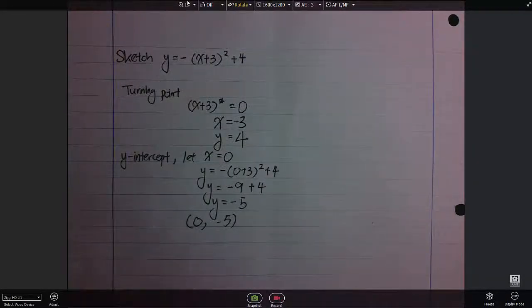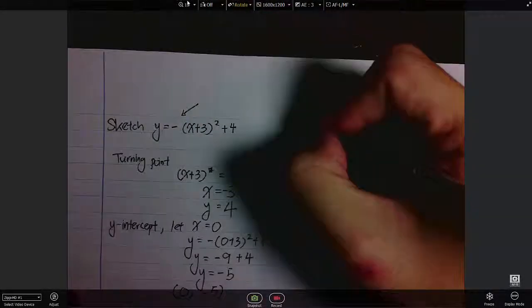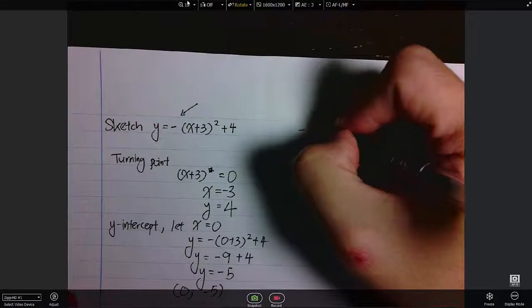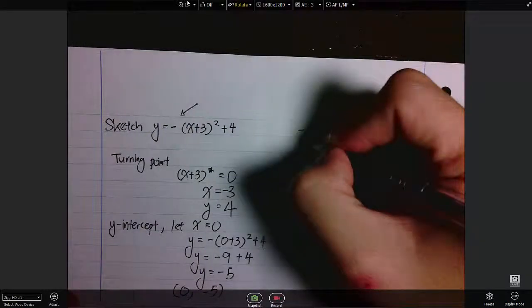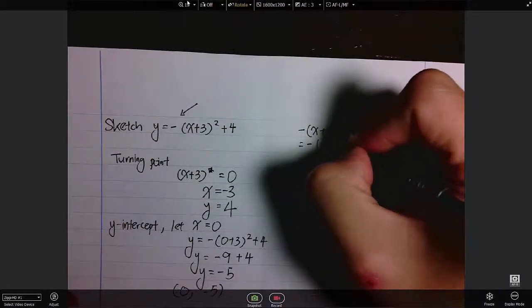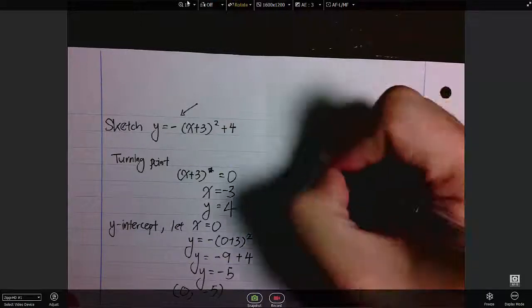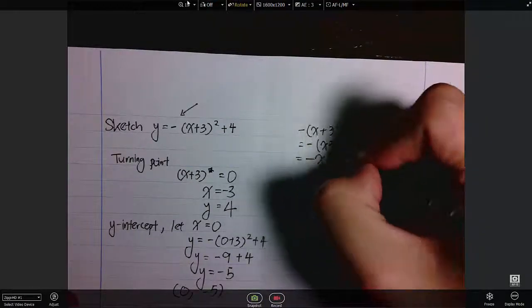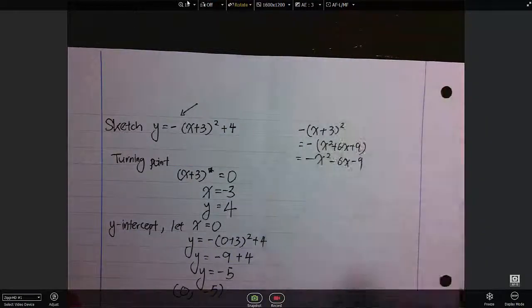Before we sketch this graph, please take note that there's a negative sign here. If we expand negative (x plus 3) squared, we get negative x squared minus 6x minus 9.